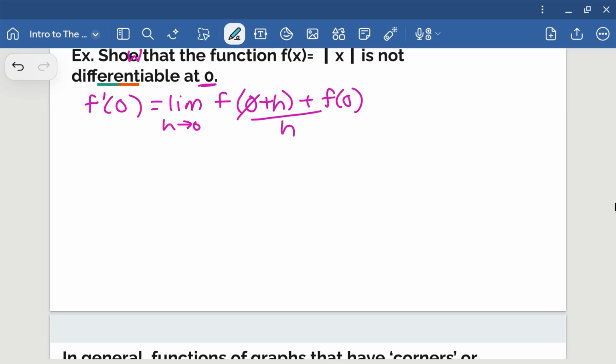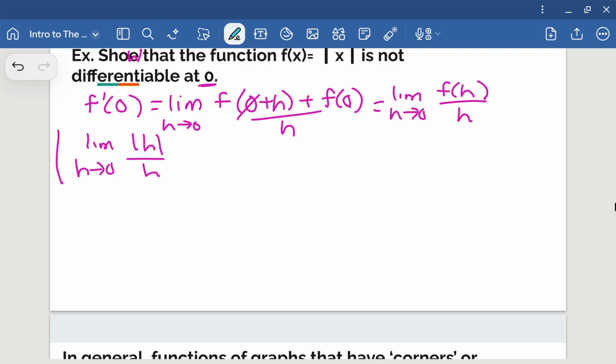Now this will just simplify to the limit as h tends towards 0 of f of h, and then f of 0 is just 0, so we don't have to write anything down there, all over h, which ends up being the limit as h tends towards 0, now that we just plug it in, of the absolute value of h over h.